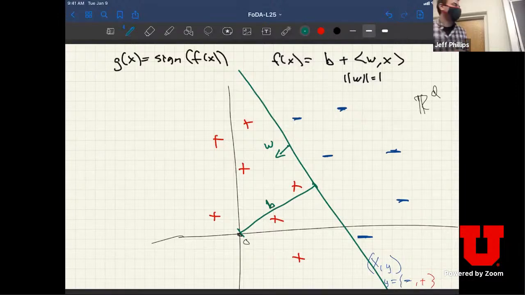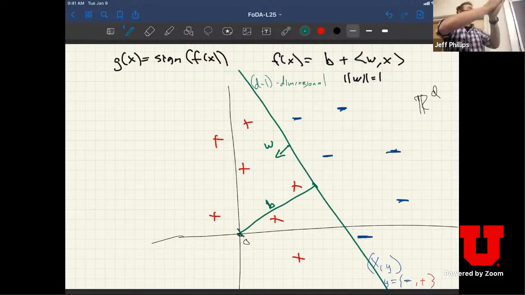B is this offset. W is the normal direction of this half space. If it's a half space, that means it's D minus 1 dimensional. Think of it as a line cutting the region into two halves.